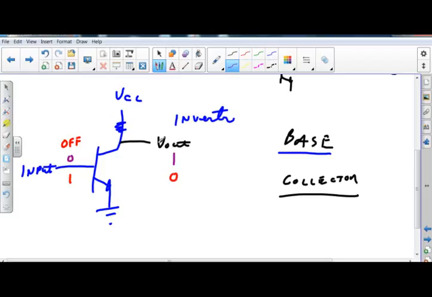When I have a 1 at the base, I'm turning on the transistor, it is on, now the current flows that way, and my ground is hooked up to my voltage out, and I get a 0. So when the transistor's on, I end up getting a logic 0, no voltage.